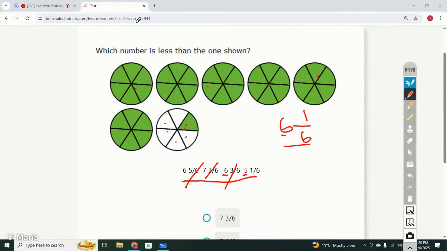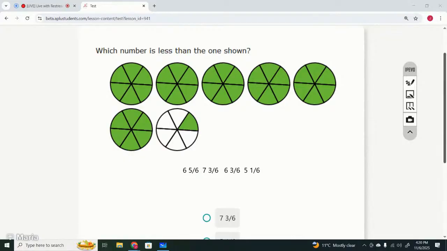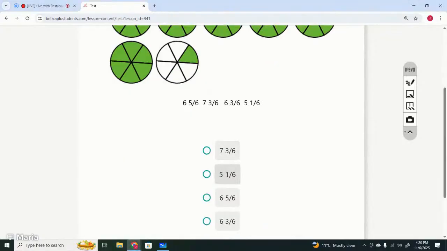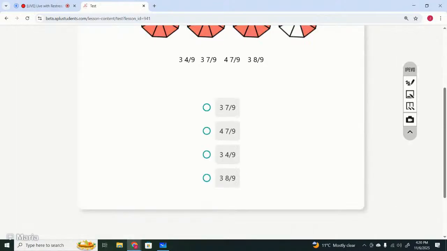So that means 5 whole 1 by 6 is less than 6 whole 1 by 6.